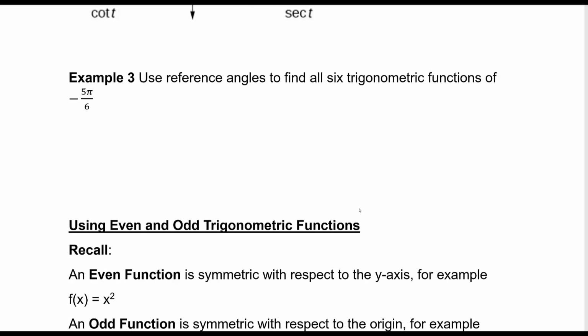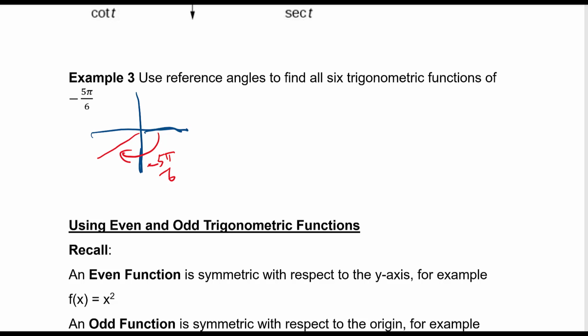So use reference angles to find all 6 trigonometric functions of negative 5 pi over 6. So let's go ahead and draw our angle. Negative 5 pi over 6 would be somewhere over here, in this negative direction. So that's negative 5 pi over 6.